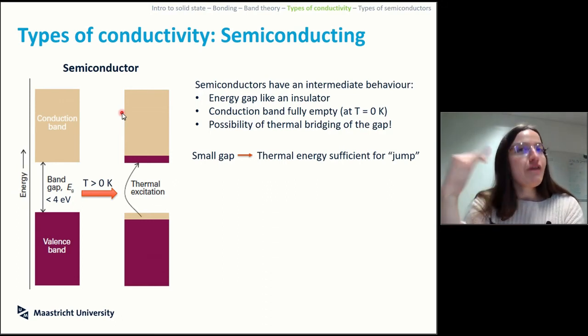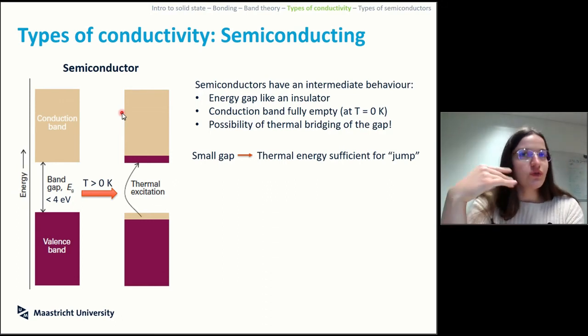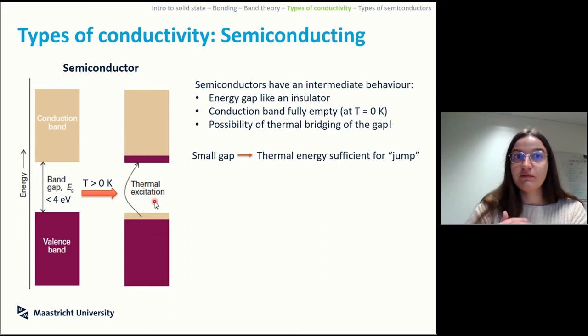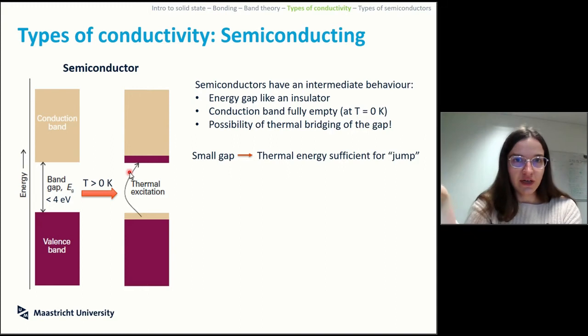If you give enough thermal energy to your semiconductor, how much is enough? How big is the gap? Depends, right? You can bridge the gap, so some electrons will find themselves with enough energy to go and occupy some of these unoccupied levels that become partially occupied, and then they can zigzag through the structure and conduct.